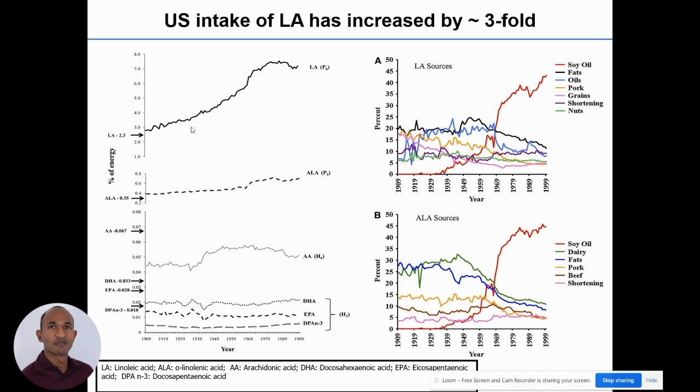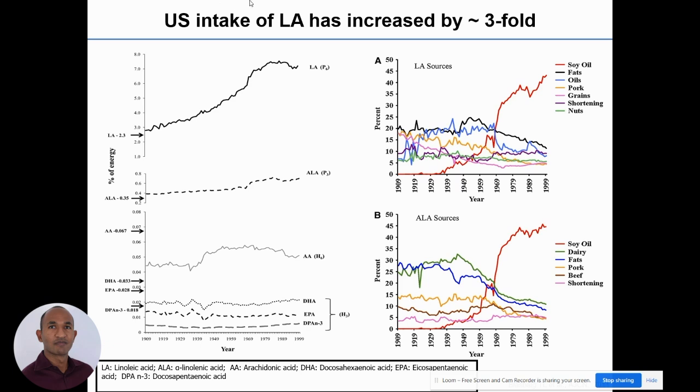But starting in the 1940s or so, its intake started to increase with the advent of soybean agriculture, from which you would get the oil, as well as corn agriculture.